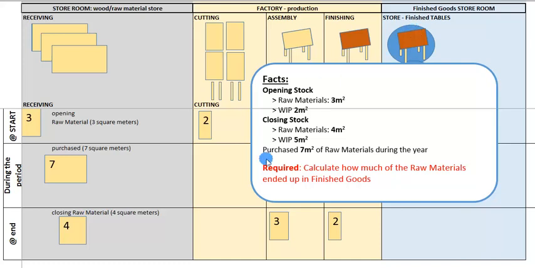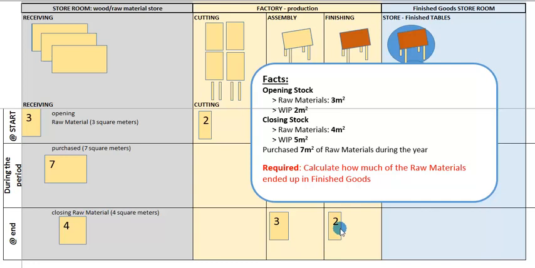And there may be some wood that is stuck in this factory production line, and in this example we've got 5 square meters that is kind of stuck in the production line. We call that work in progress, and the 2 stages that this wood is stuck in are the assembly stage, 3 square meters, and the finishing stage, 2 square meters.